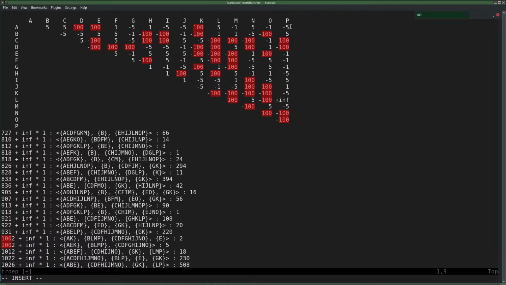So A has, ignoring the negative values, this one has 6, 7, 17, 22. That's not much.